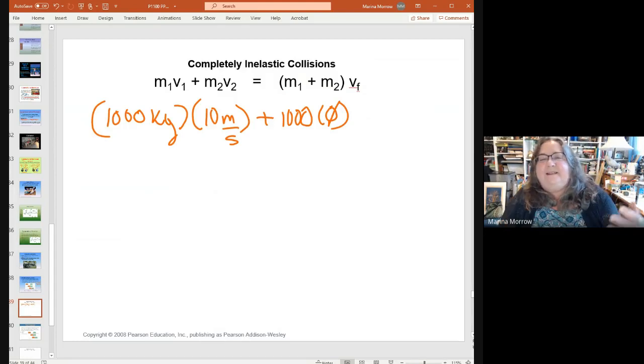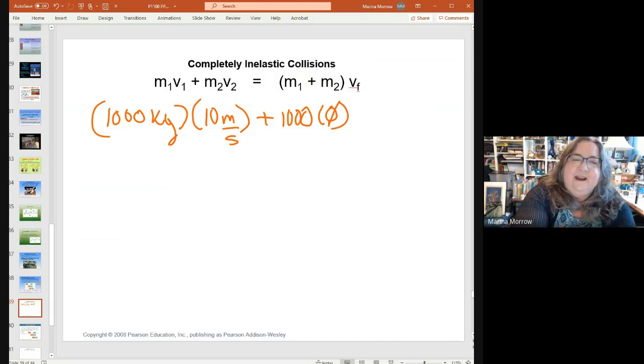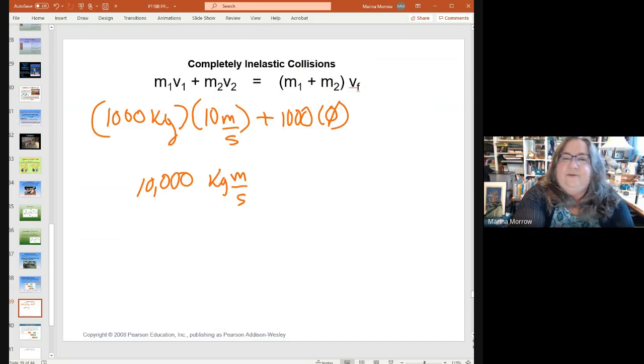So that's the initial momentum, and that is just going to be due to the first train car. So that's now 10,000 kilogram meters per second for the initial.